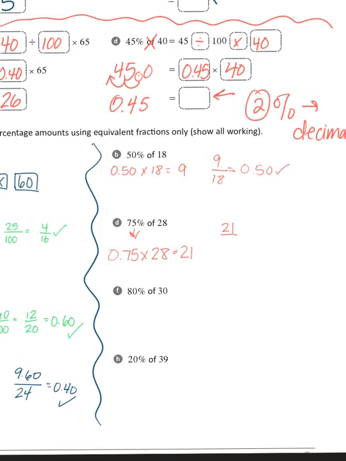What we are saying is 75% out of our total, 28 to begin with, does in fact equal 0.75, and 0.75 is 75% when written as a decimal. Last one, 0.80 is the decimal value of 80%. 80% of 30 means 0.80 times 30, and you tell me what you get when you reach that answer.